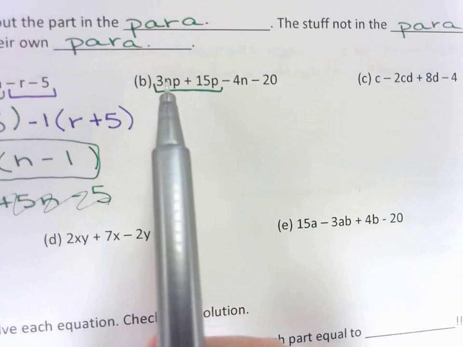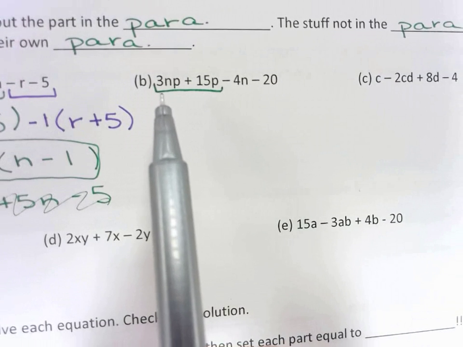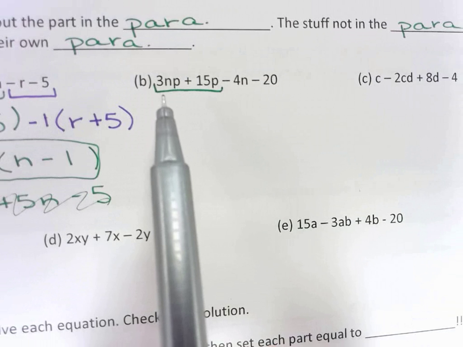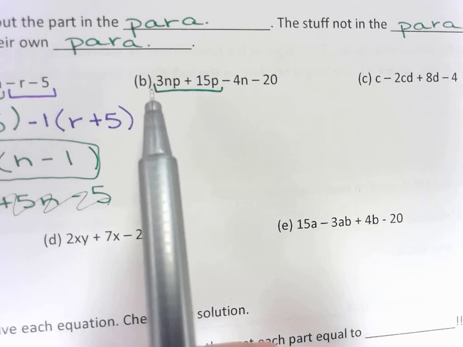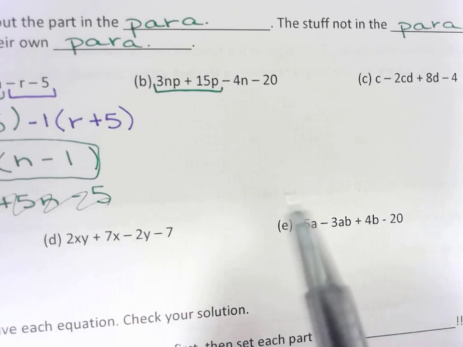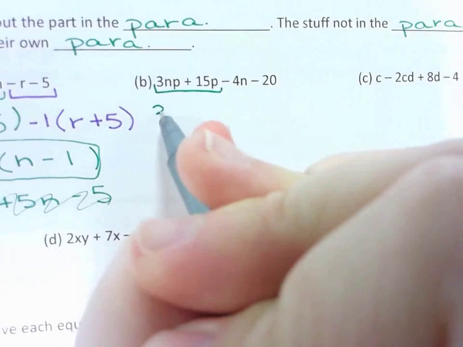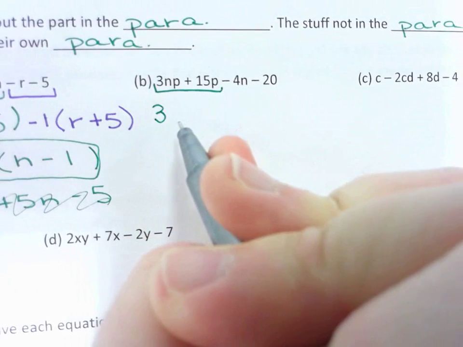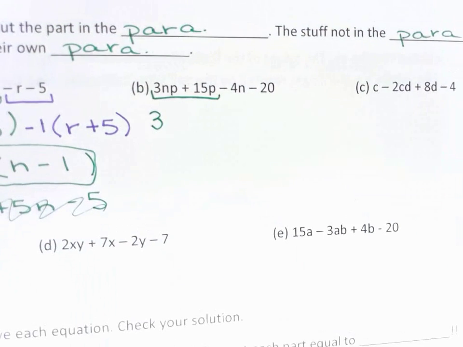As I look at my first 2, 3np plus 15p, what is the GCF for 3np and 15p? 3p.